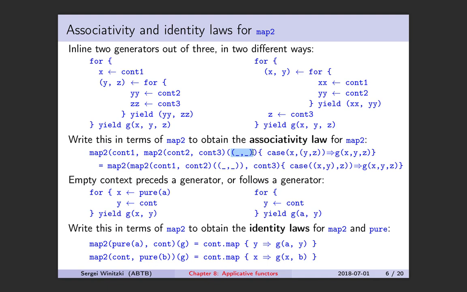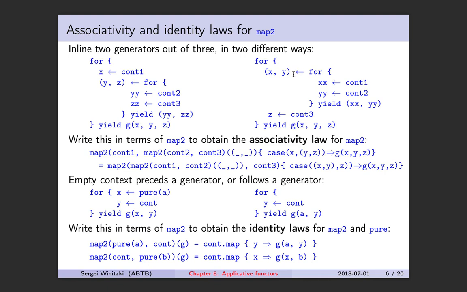That's the Scala syntax for that. And then the function that takes x and yz and returns g of x, yz. So we need to untuple like this, because the result of map2 will be a tuple.